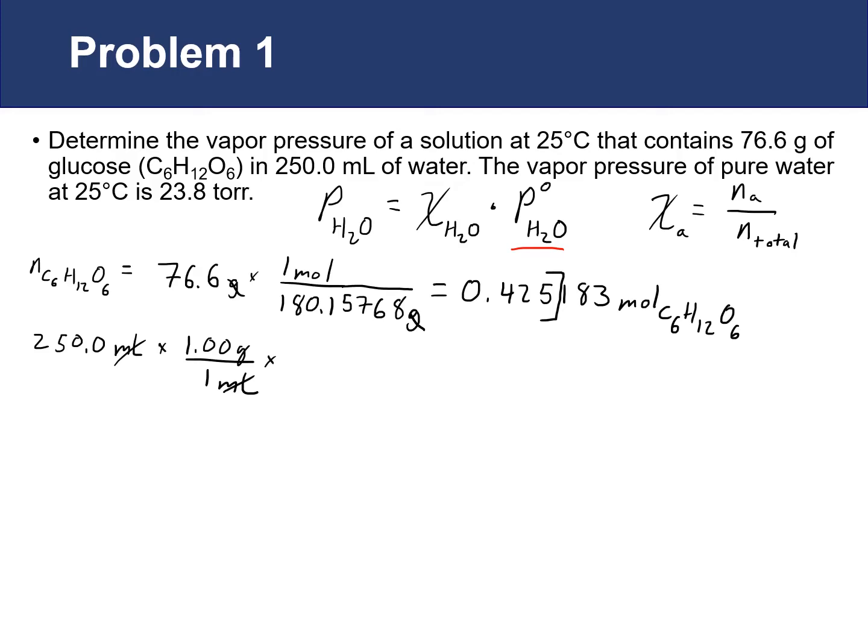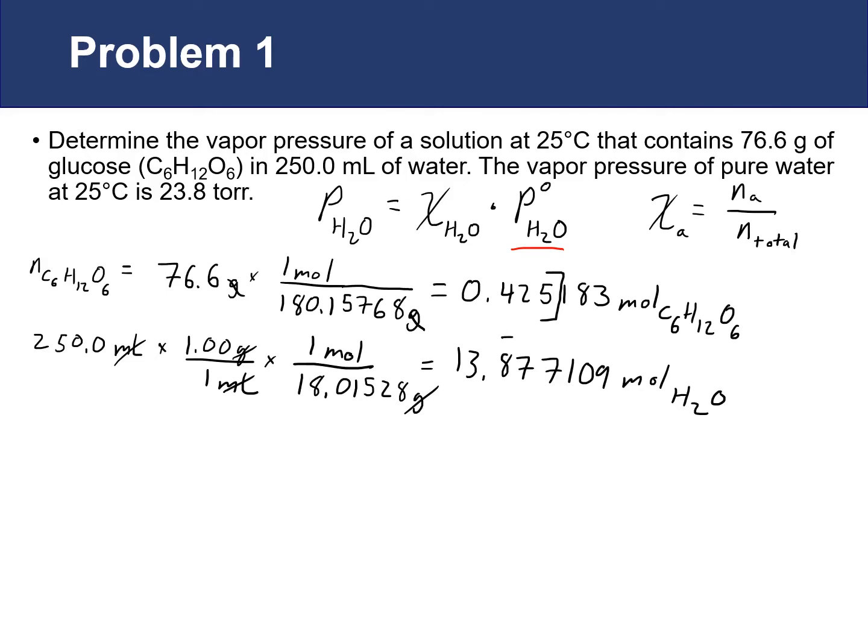Take this, multiply it by the molecular weight of water with the mass on the bottom, 1 mole over 18.01528 grams. Our grams cancel out, giving us moles of water. This is 13.877109 moles of water. Our value for our density had the least number of significant figures, so that is where our sig figs will end.